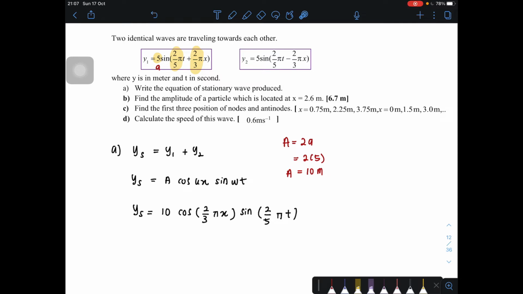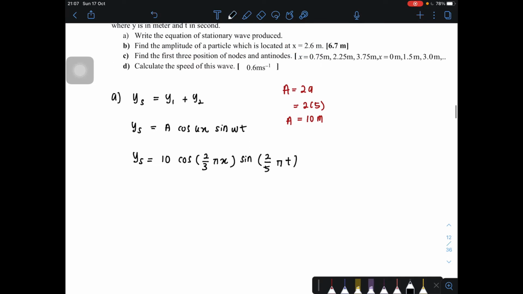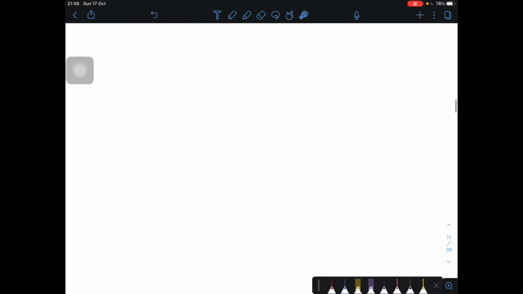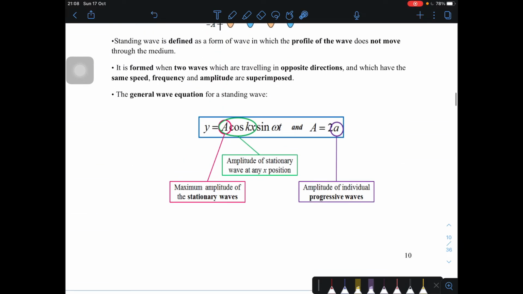Okay, so next one, find the amplitude of a particle which is located at x equal to 2.6 meter. So we want to find A when x sama dengan 2.6 meter. Okay, so from the formula here, because we want to find the amplitude at a certain position, the amplitude at any position is equal to A cos kx.